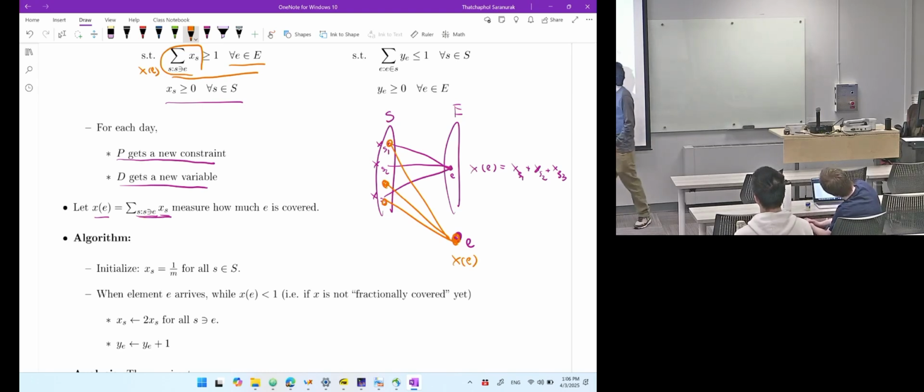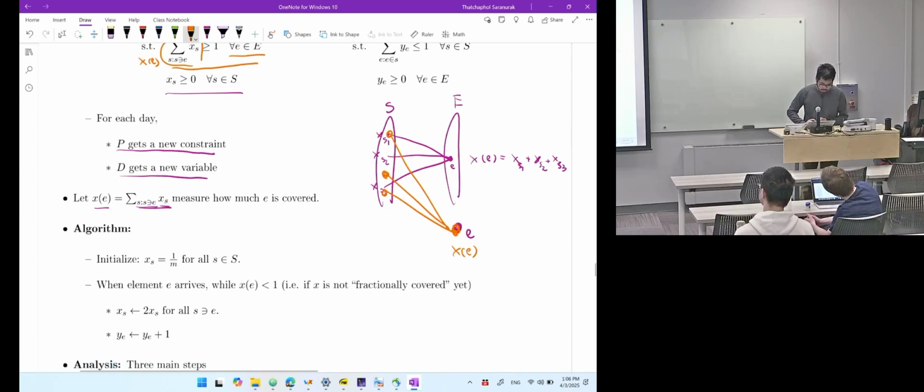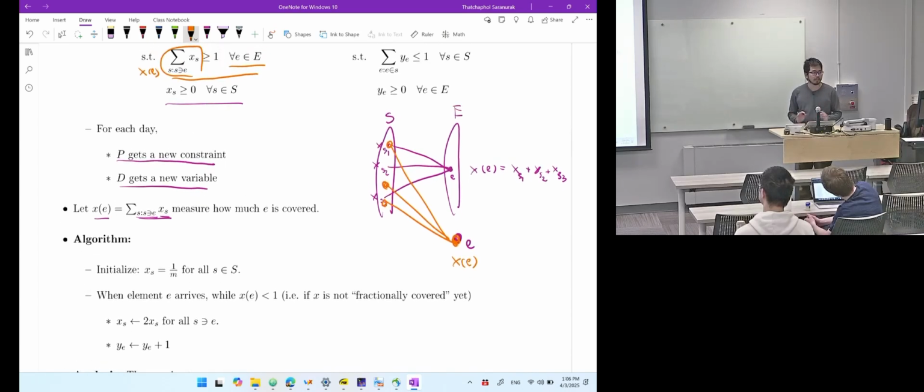Keep doubling until X_E is at least 1. That's the algorithm. And what Y_E does is count how many times you have been doubling for the element E. So far, the algorithm is clear, right?